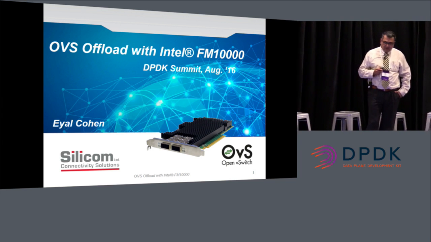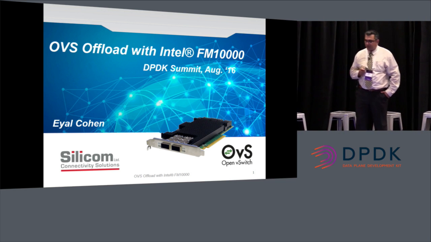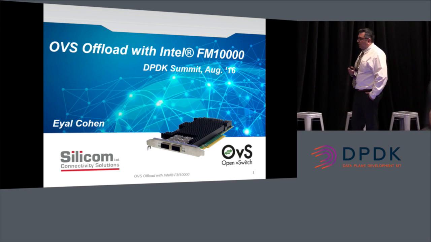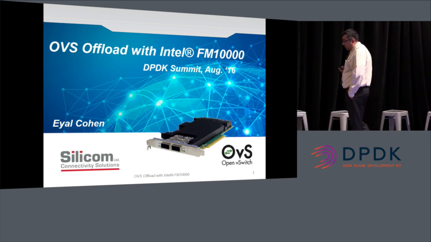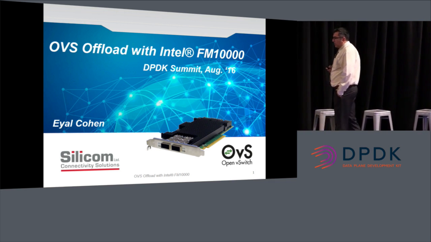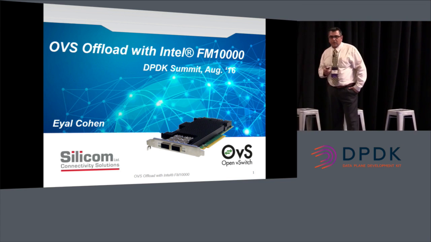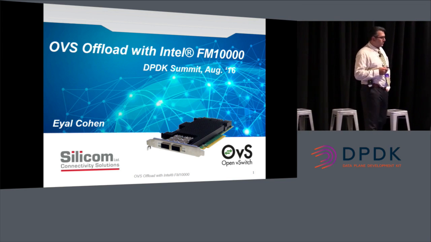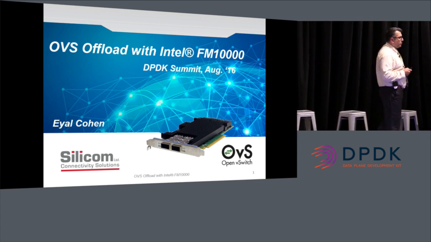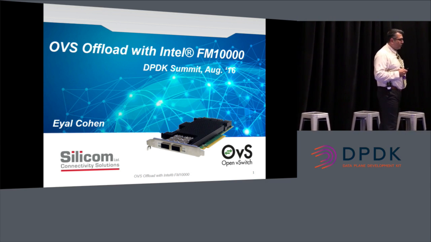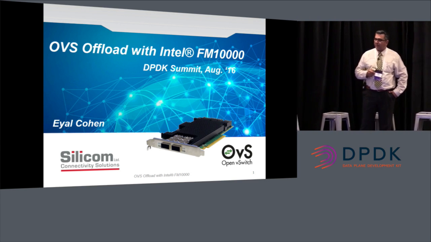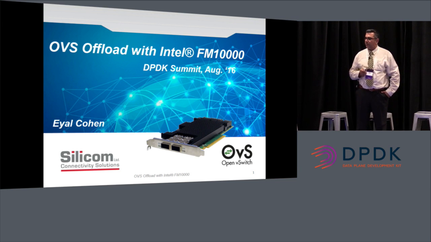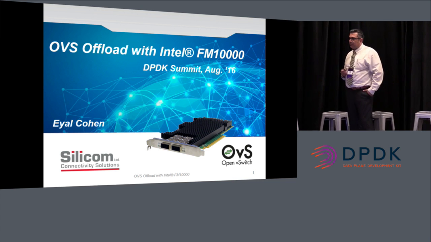One of them is trying to understand what is the best data path for OVS offload or any virtual switch offload into a hardware that includes a NIC with a switch on it. And the other part would involve a QuickAssist technology adapter that we manufacture, and the way we use it with DPDK for specific use cases.